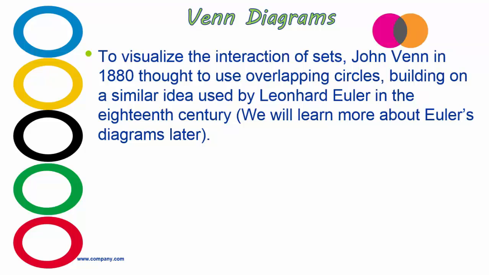Now, to visualize the interaction of sets, John Venn in 1880 thought of using overlapping circles, building on a similar idea used by Euler in the 18th century. These are called Euler diagrams, and we'll learn more about Euler diagrams a little bit later.